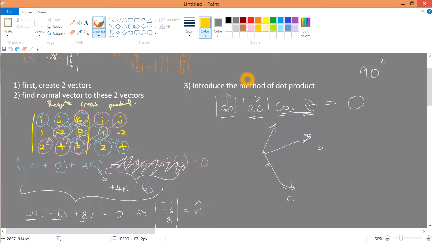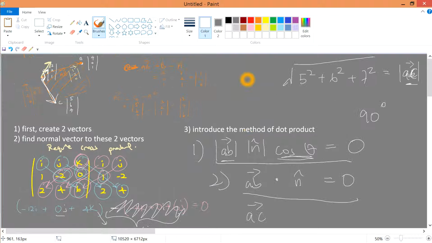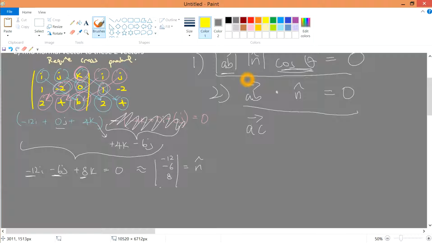So let me rearrange it all. This is the first method, this is the second method. They both mean the same: both vectors are 90 degrees apart. You can also write AC: AC is also perpendicular to your normal vector, equals 0, and so on.